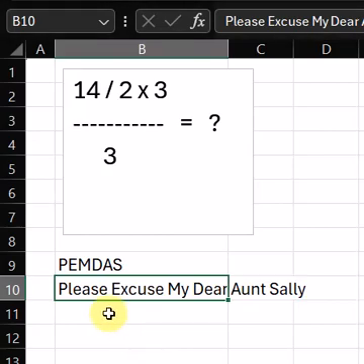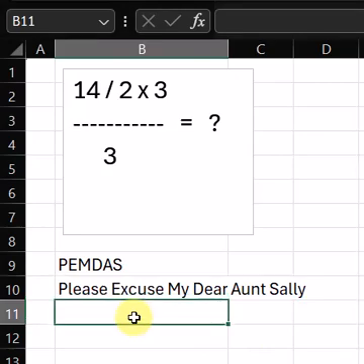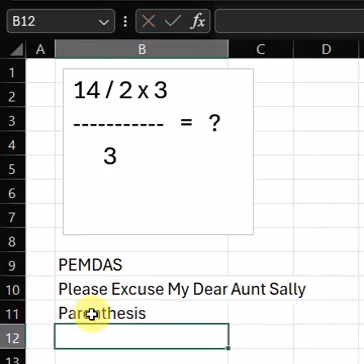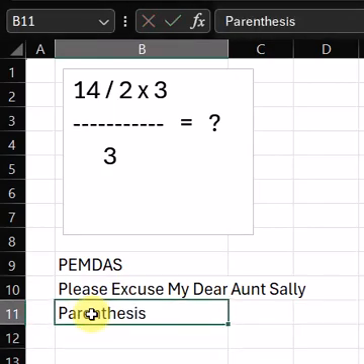So what do each of these mean? Well, the P would be parentheses, so you're going to do that first. The E is exponentials or powers. I'm going to say powers here.